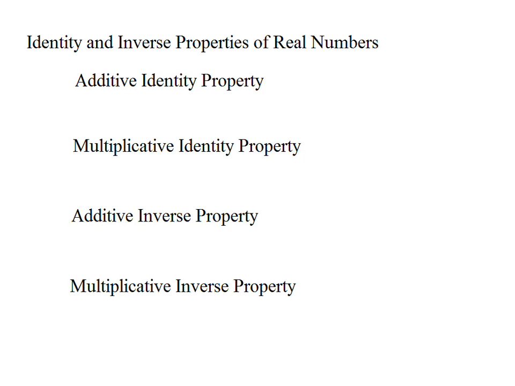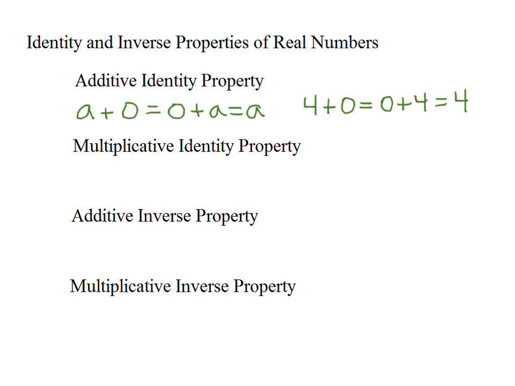Okay, a few more. The additive identity property, this you probably just recognize: when you add 0 to something, it doesn't change. So the identity for addition is 0. The multiplicative identity is times 1.